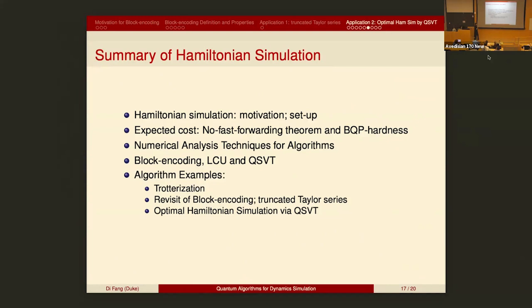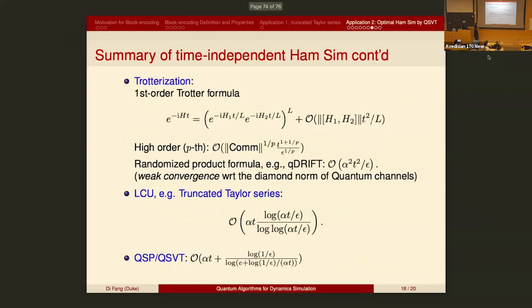And for the algorithms applied to Hamiltonian simulation, we have the Trotterization, we have the Taylor series, we have also QSVT, in terms of the rigorous error analysis. And the cost estimate is like this, just to summarize what we have already proved. This is the product formula, this is the truncated Taylor, and this is the QSVT. All right, and QSVT is the best.